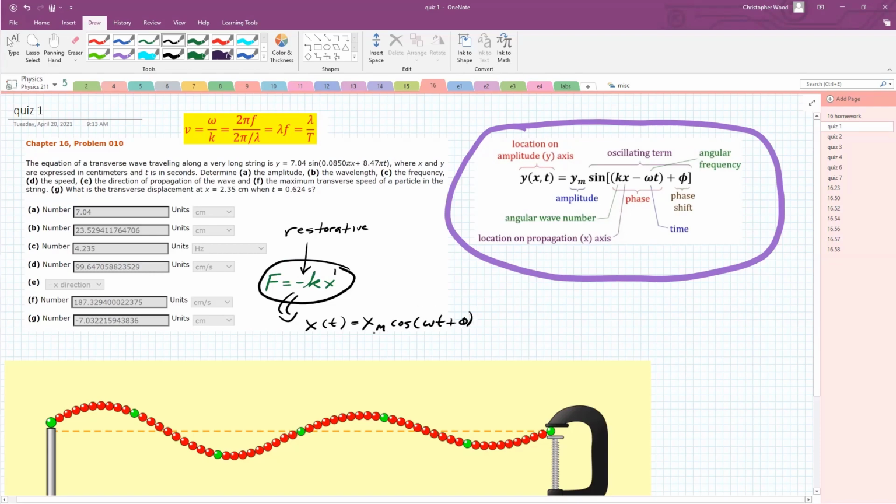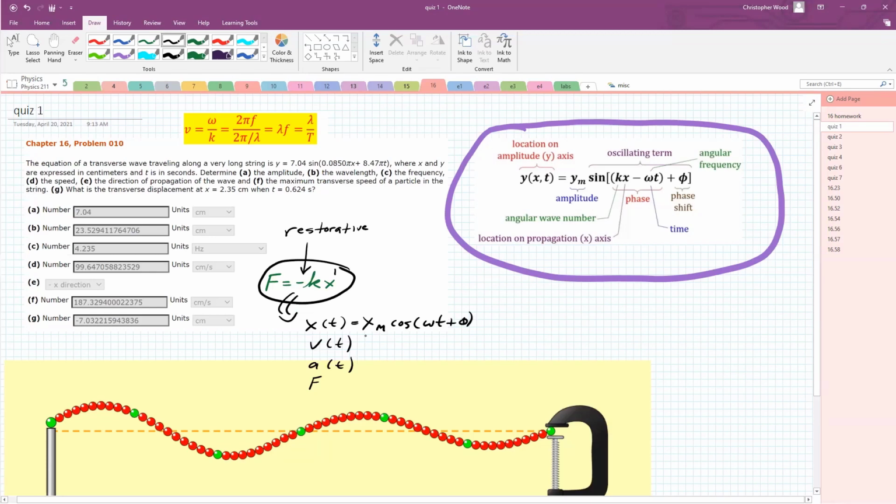So chapter 15 was us dealing with the position function, the velocity function, the acceleration, and then force.